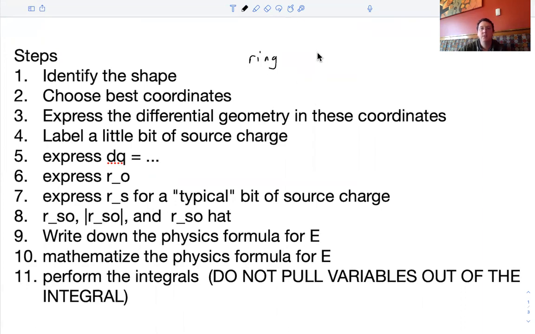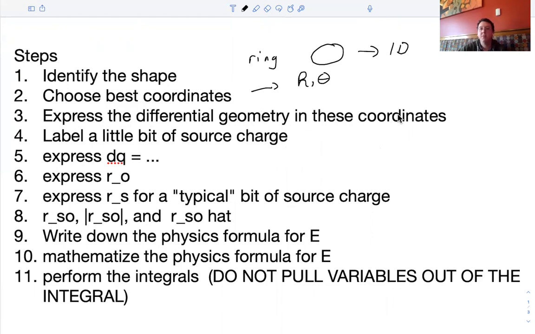The shape is round, and it's a 1D shape because I can parameterize a ring just by specifying one number, the angle or arc length. Choosing coordinates, we're going to use r, theta. Really, r is frozen, so I'm going to write that as a capital R. It's not really even a coordinate, it's just a fixed parameter, but that's okay.